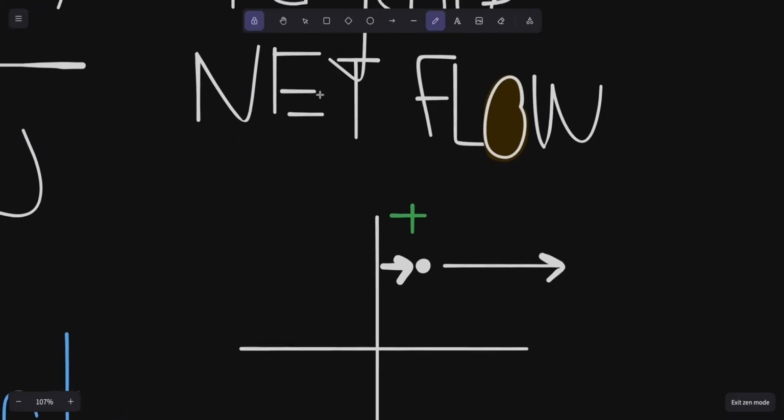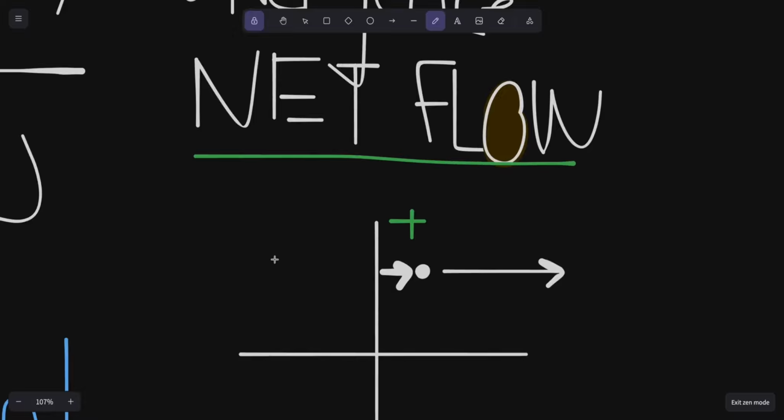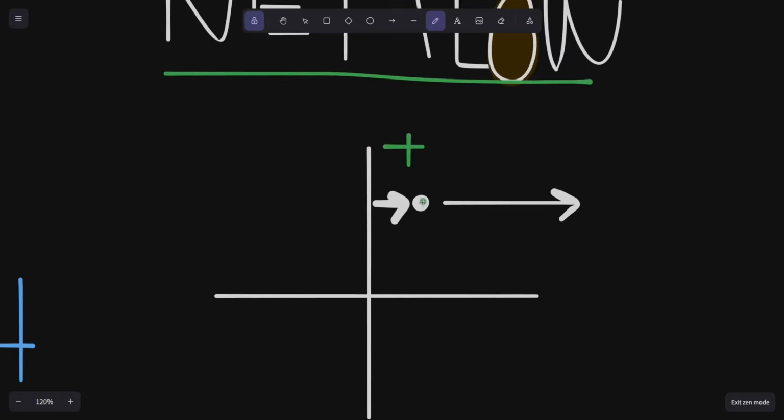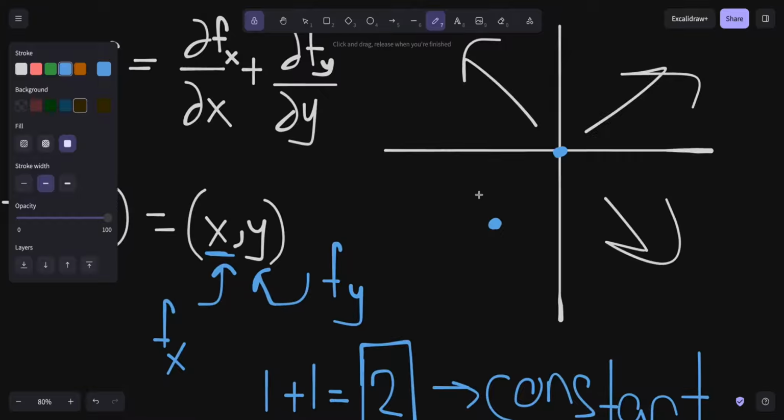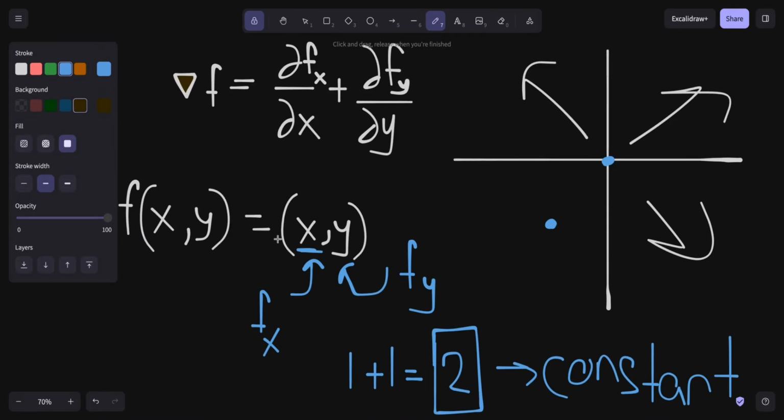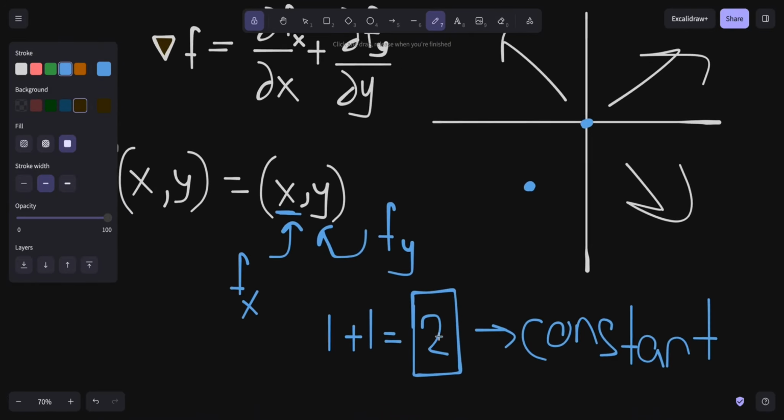Because remember, divergence represents net flow. And so if there are longer vectors coming out of this point than into the point, then the divergence is going to be positive, right? If there's more coming out than there is coming in, then there's going to be a net flow outwards. You're still diverging. And so now we can make sense of why this vector field, x comma y, has a constant divergence.